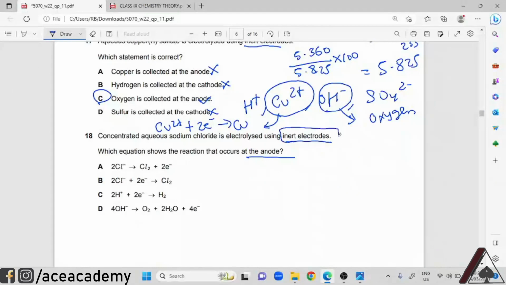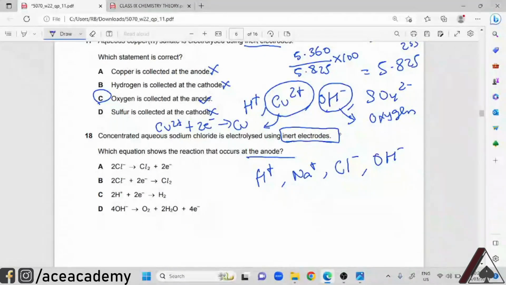Using inert electrodes, once again, we know that inert electrodes are inactive, or they do not take part in the chemical reaction during the electrolysis process. So when concentrated aqueous sodium chloride is electrolyzed, the ions present are hydrogen ions, sodium ions, chloride ions, and hydroxide ions.